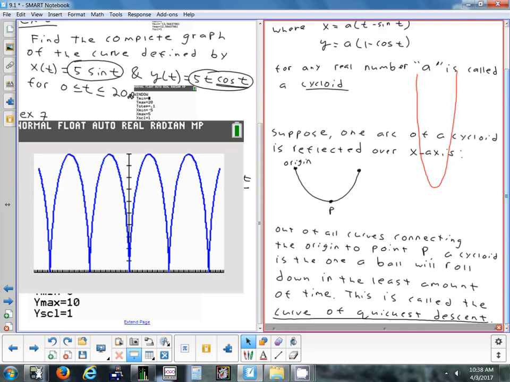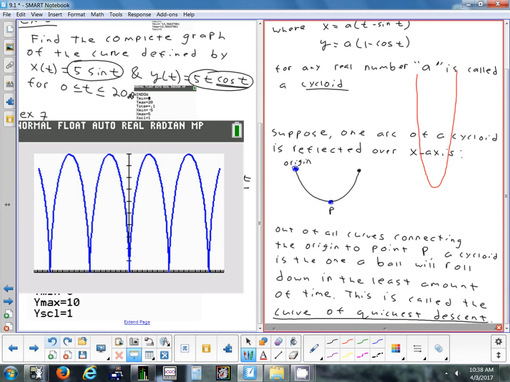Basically, the short version here is if you put a ball right at the origin and let it roll down to point P, and your curve was in the shape of a cycloid, it would get there the fastest. Like if you took a board and put it straight and you rolled the ball down it, it would take longer. If you had any other shape connecting here to there, that line in blue, it would take longer for the ball to roll down than the one in black.